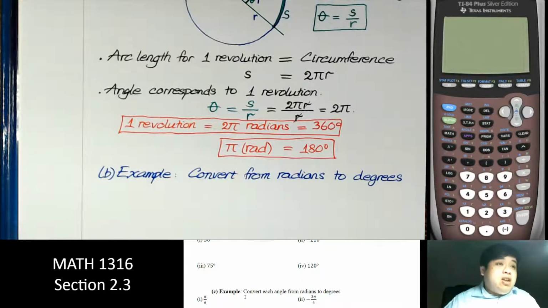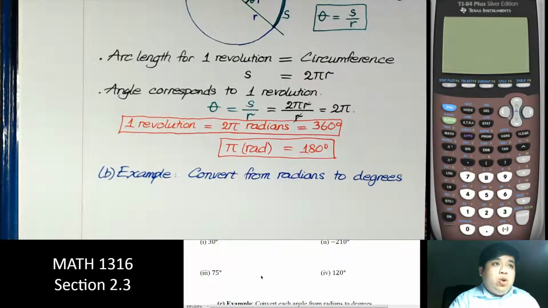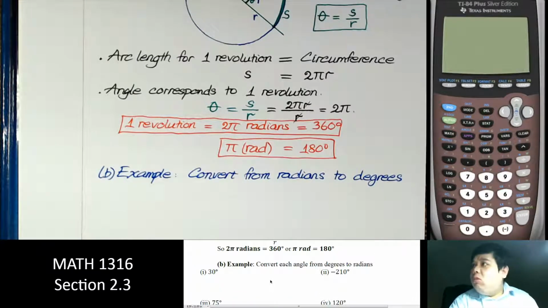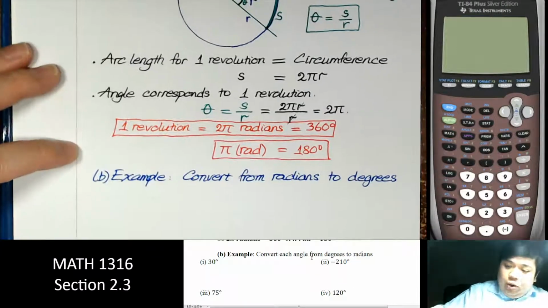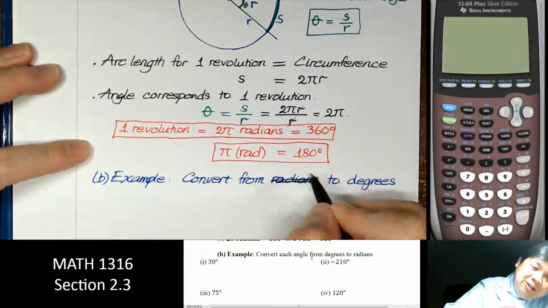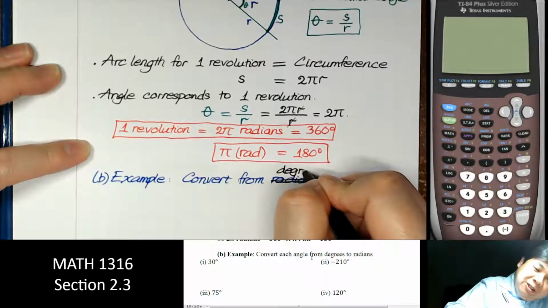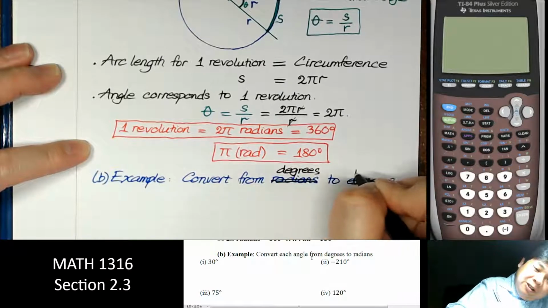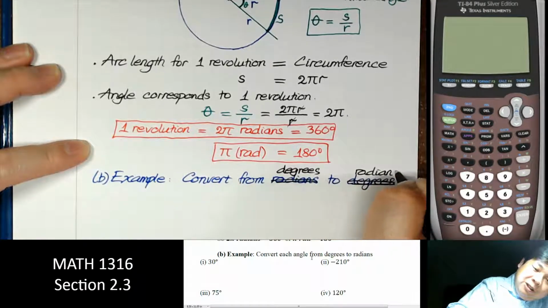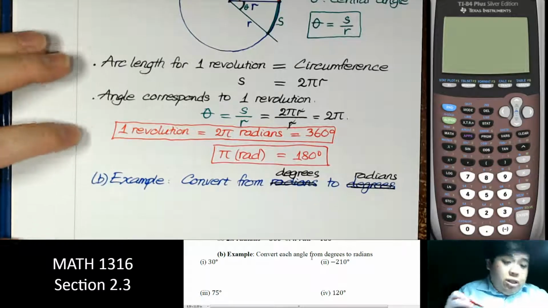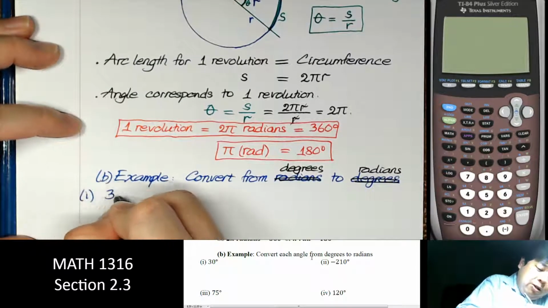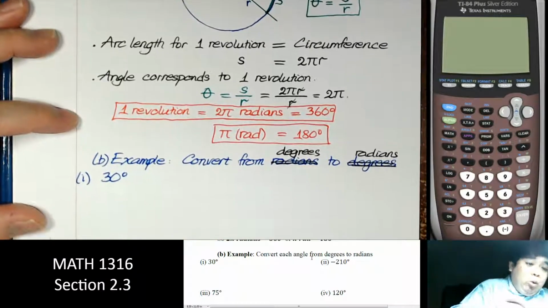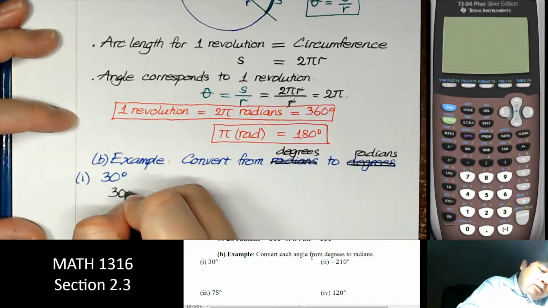I mentioned this many times already: whenever we write degrees, make sure there is a little circle, the symbol for degrees. Right, 30 degrees. How do we go from 30 degrees to radian?